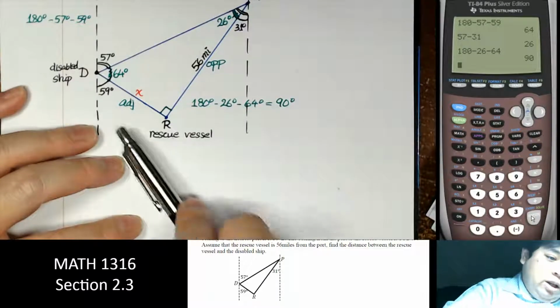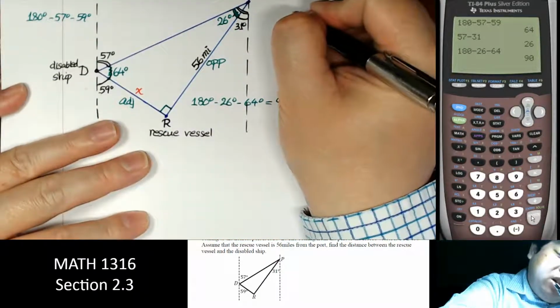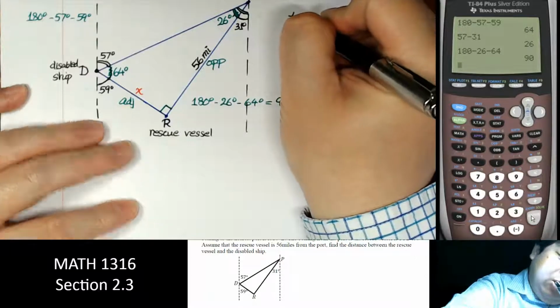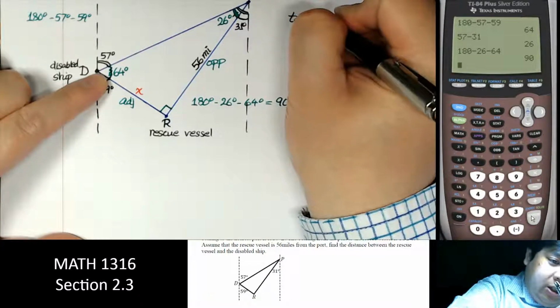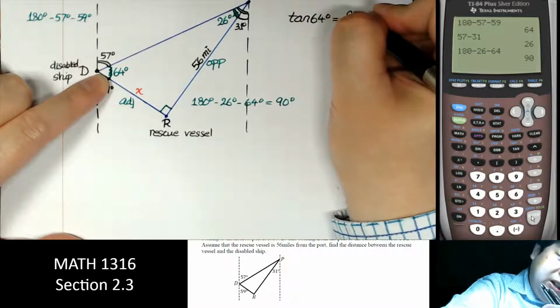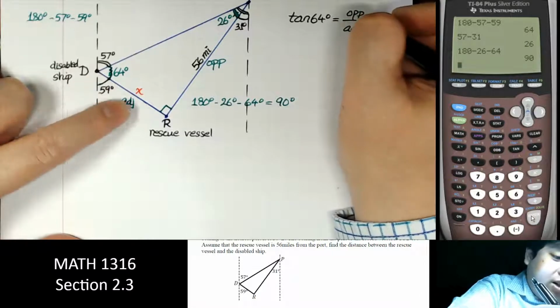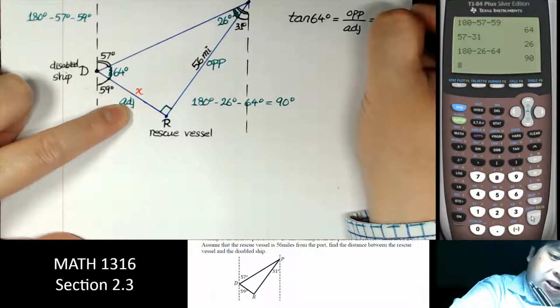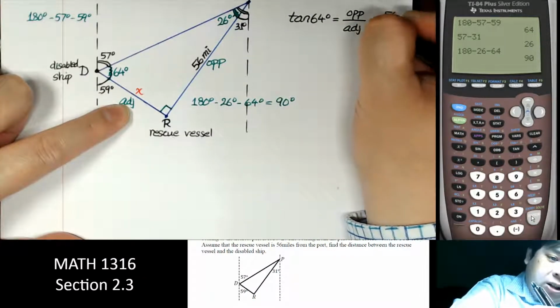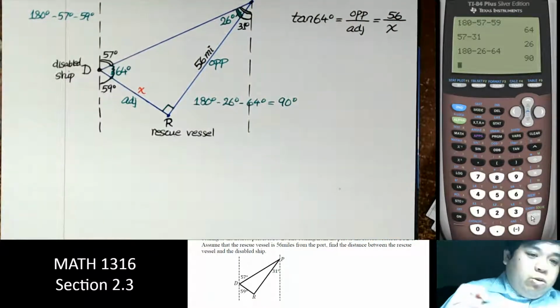So pretty much we have the ratio of opposite and adjacent. We did plenty of this, which is tangent. So tangent of 64 degrees is opposite over adjacent. Opposite is 56. Adjacent, we don't know. So we just need to find x.